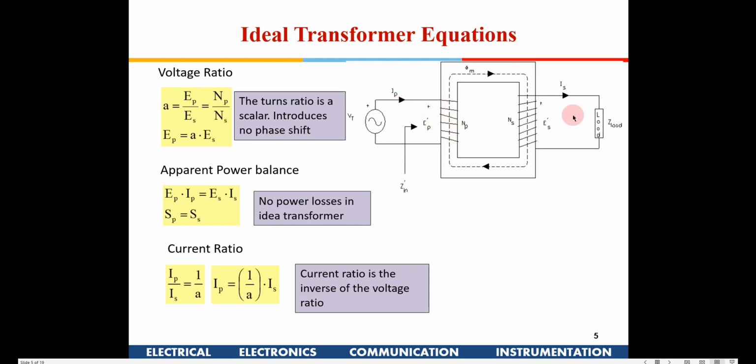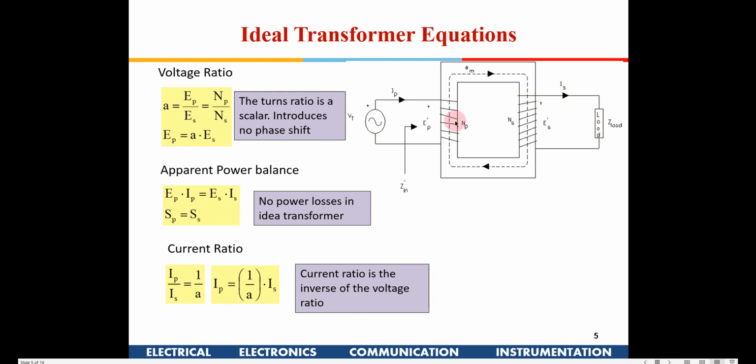Initially, when there is no load connected here, only the primary, some current will flow that creates a magnetic field, and that is known as the back EMF. That back EMF will oppose this voltage which is created here, and so no current will flow. As you keep connecting load and reduce the resistance here, more current will flow in the secondary.